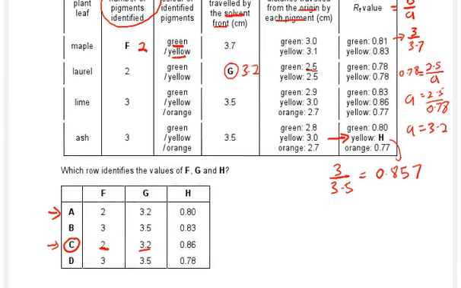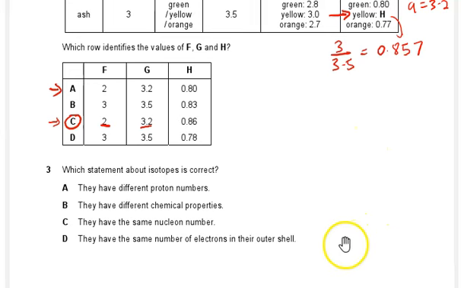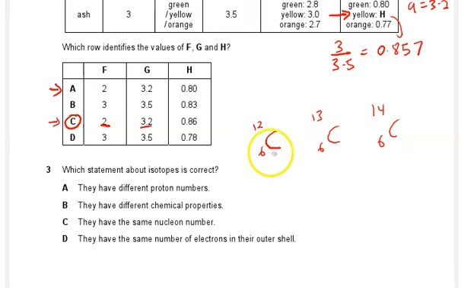Okay, now we move to the next question. Which statement about isotopes is correct? Isotopes, please remember, if you want to remember isotopes, just remember a few examples, like carbon 12-6, carbon 13-6 and carbon 14-6. These are examples of isotopes. If you look here, the proton number is the same.